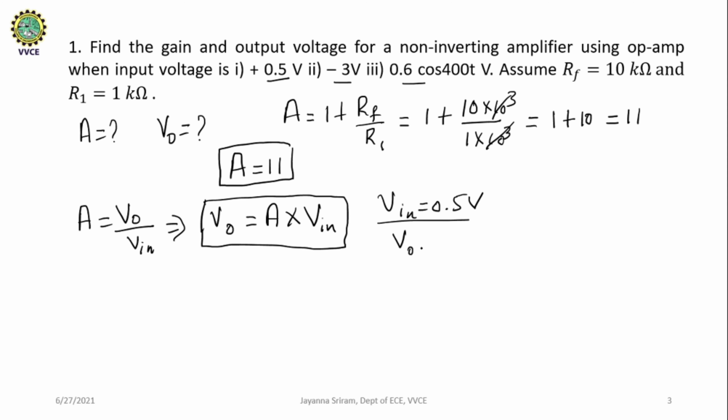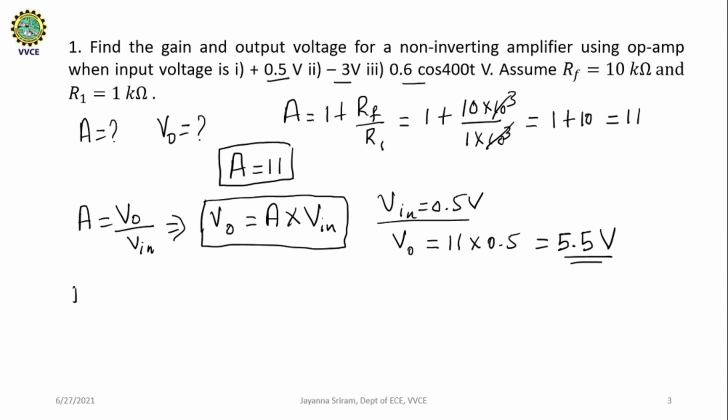V out will be equal to, what is the gain? The gain is 11 into Vin, which is 0.5. So I am going to get V0 equal to 5.5 volts. So this is the output voltage when the input is 0.5 volts.